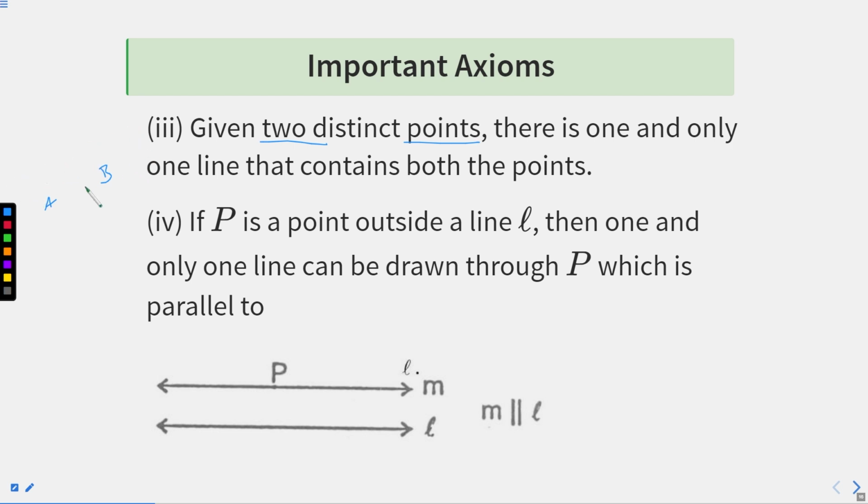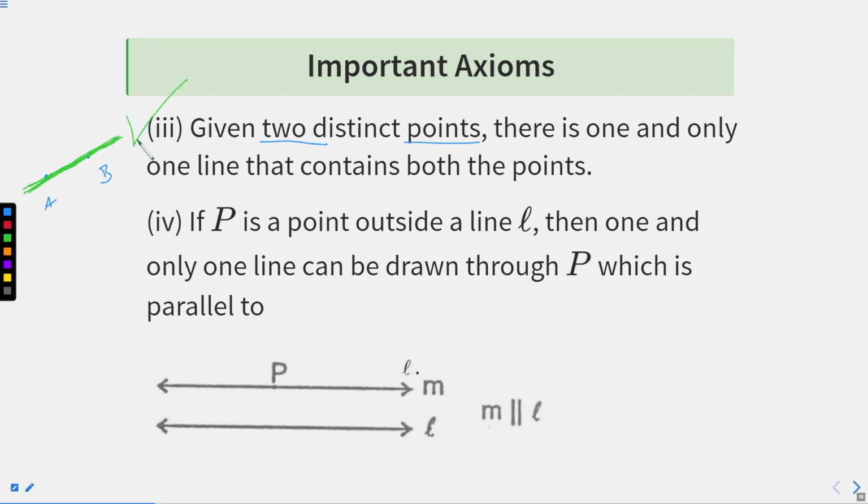Let me draw it properly for you. One line is this. Can you think of another way to join these two points? No, there is no other way. If you try to, you will only get this line. This is the only possible line which passes through points A and B.